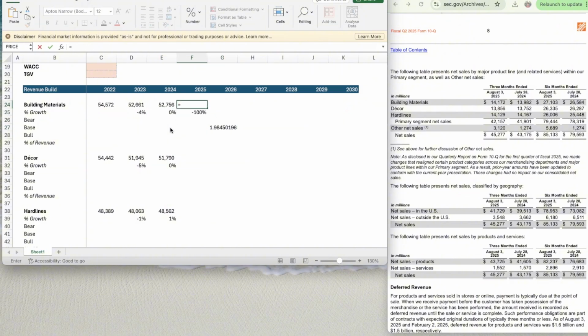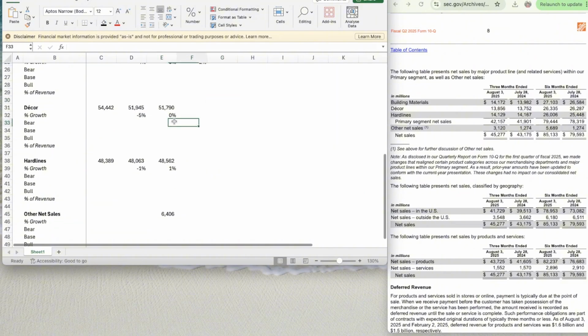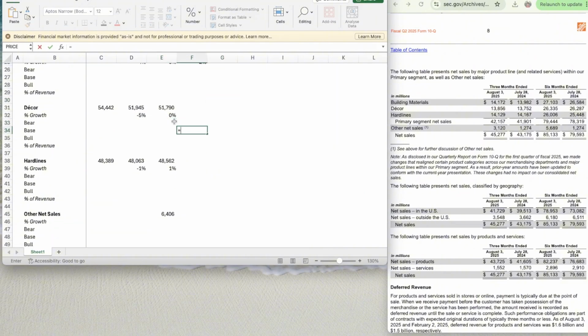So we do here 27,103 multiplied by 1.9845. Okay, there we have it. We do the same for this one. They're marginally doing better in the first half of the year from what we can tell so far.